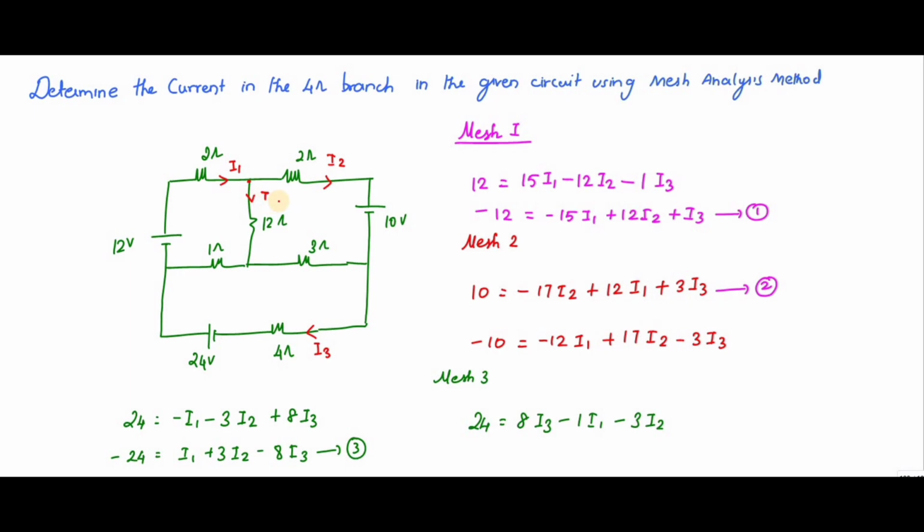If this is I1 and this is I2, then this current should be I1 minus I2, and this current must be I3 minus I1. If I add these two at this point, I will get I3 minus I2. This I3 minus I2, when added with I2, gives the current I3. So the current flowing through this one is I3.